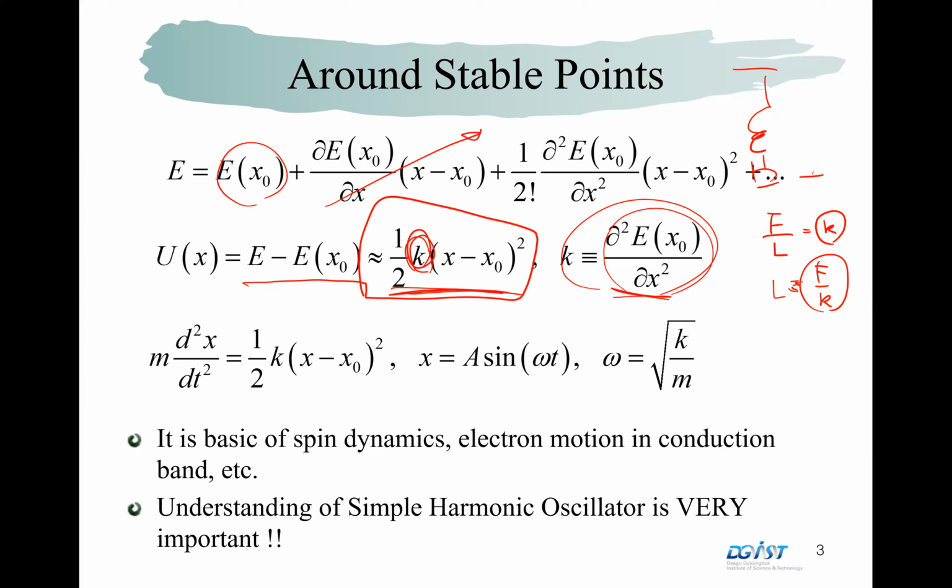In the opposite case, if you have a very large k, then even though we apply a given force, the elongation of the spring is very small. So it's stiffer to the external force. So the meaning of the second derivative of energy relates to the frequency of the oscillation.